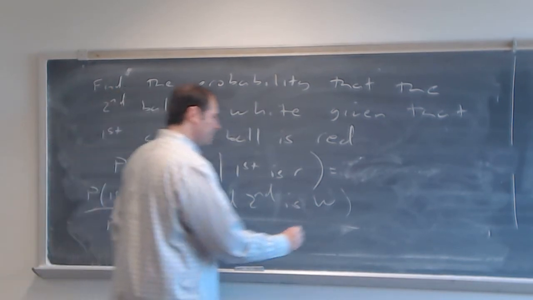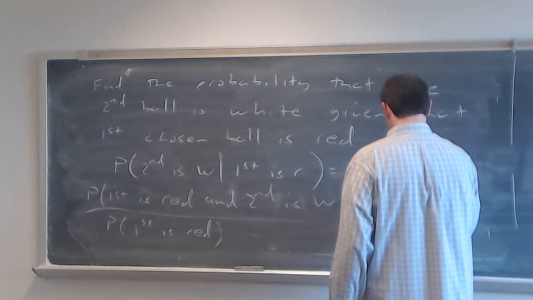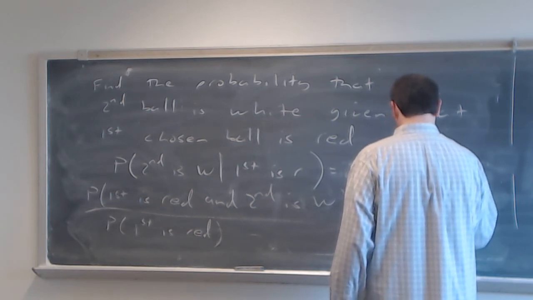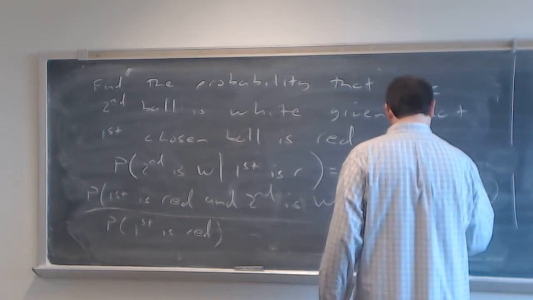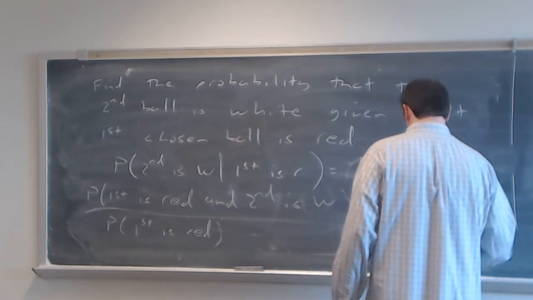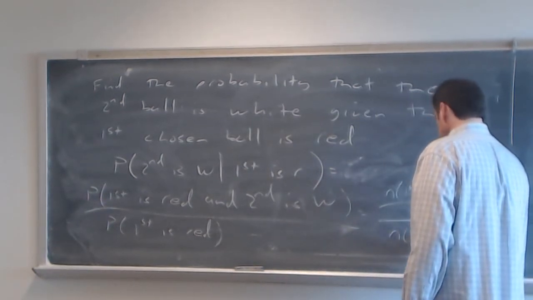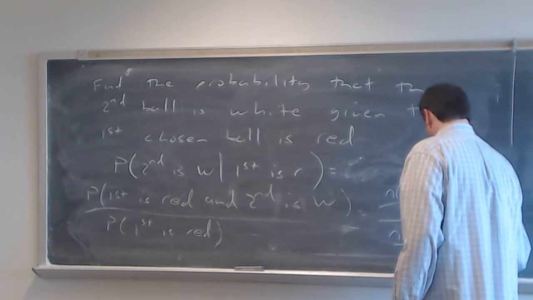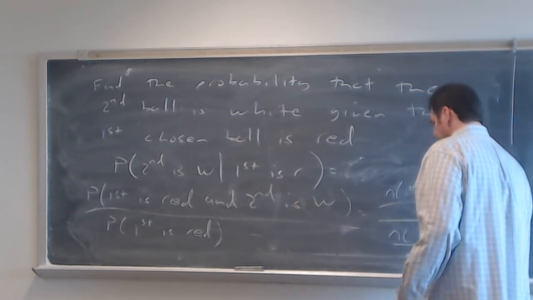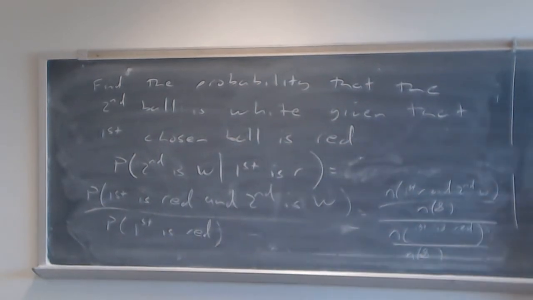Okay? So this is equal to the number of ways that the first is red and second is white over the number in the sample space, over the number of ways that the first is red over the number in the sample space. I've run out of room, but we'll keep this in mind.